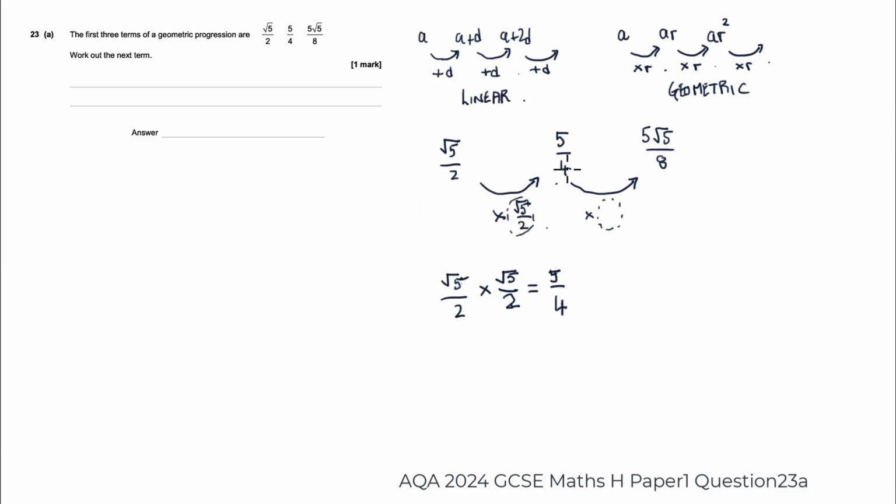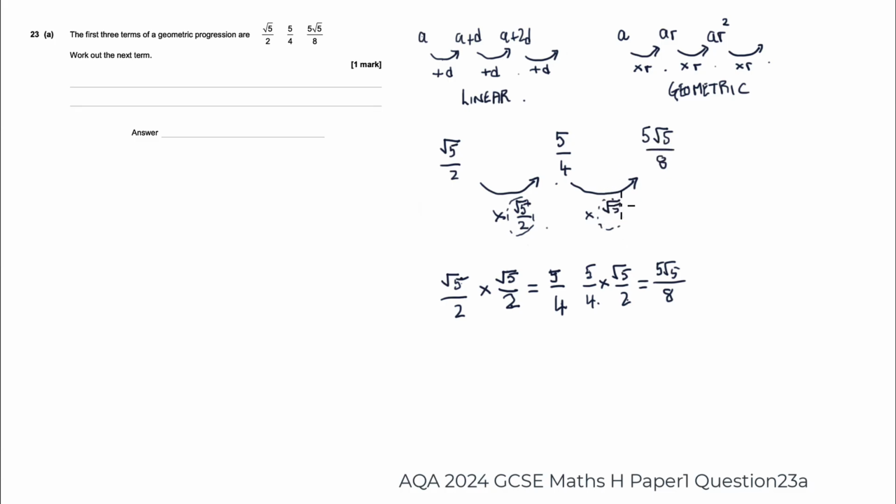Now, just to check that, let's take 5 over 4 and multiply it by root 5 over 2. What does that give us? 5 times root 5 over 4 times 2. And that is what the third term is.